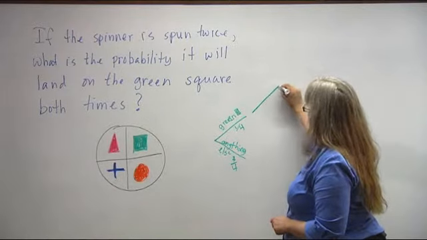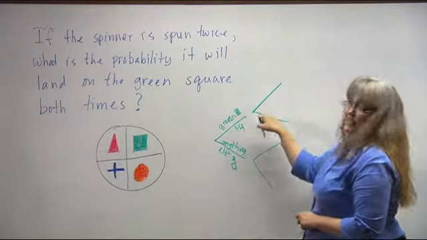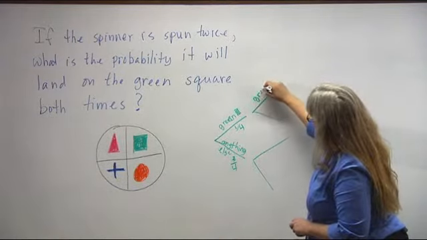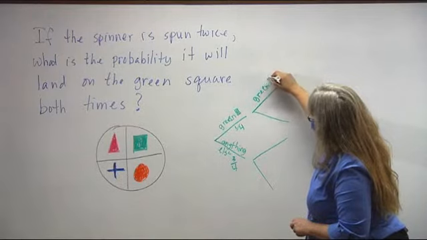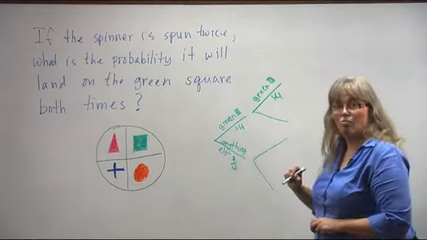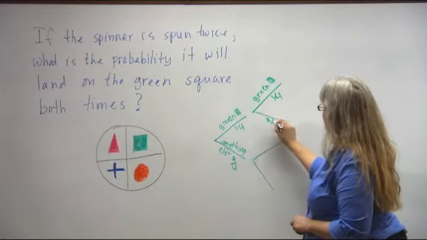Okay. Then, when we spin the spinner again, if we got a green square the first time, we could have a green square again. And the probability of that green square is 1/4. And anything else is 3/4.